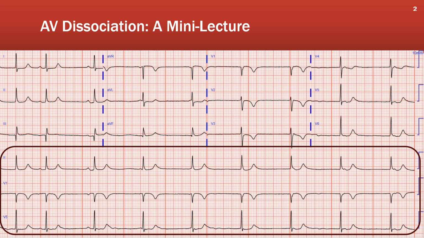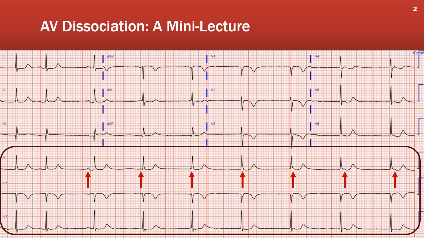Let's focus on the lead 2 rhythm strip. The first thing we notice is that the first RR interval is much shorter than all the other RR intervals. We can easily surmise that AV dissociation is present because we can see P waves manifesting before the QRS complexes, then disappearing into the QRS complexes, and eventually emerging on the other side after the QRS complexes.